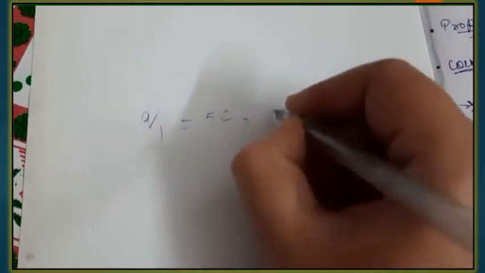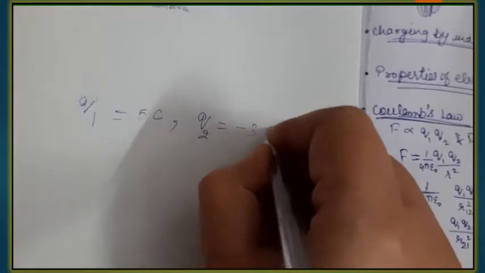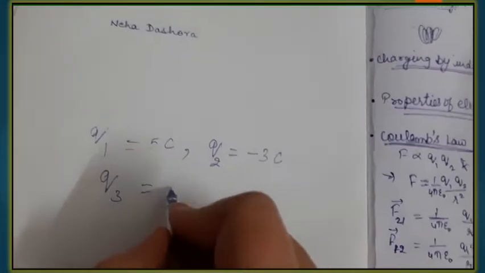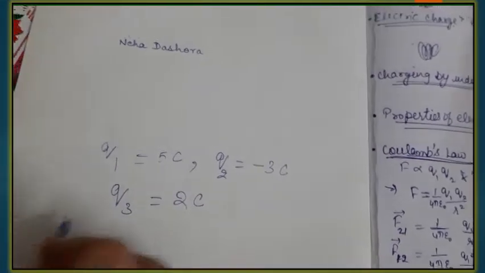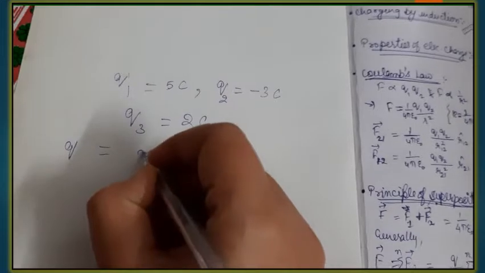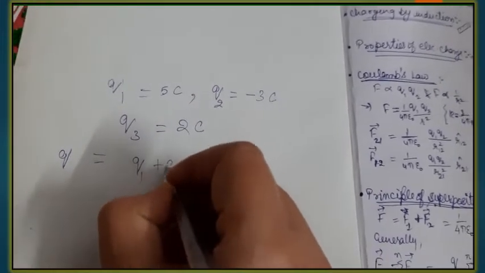For example, if q1 is equal to 5 coulomb, q2 equals to minus 3 coulomb, q3 is equal to 2 coulomb, and you want to find the total charge in the region, then you just have to take the algebraic sum.